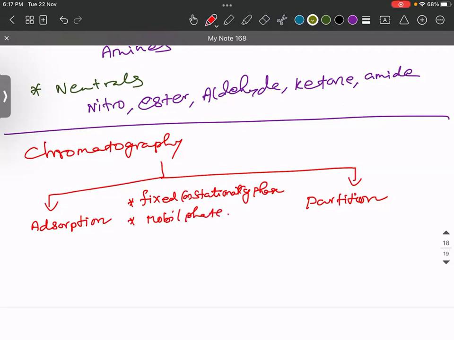So now what is the difference? If I'm saying stationary phase, or fixed phase, and then mobile phase, MP, not melting point, mobile phase. You can see in adsorption chromatography, the stationary phase is a solid, and the mobile phase is a liquid.